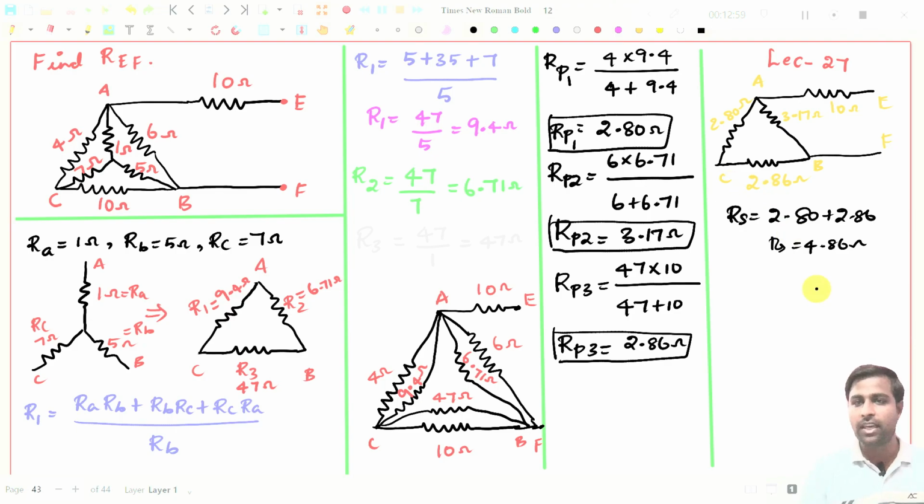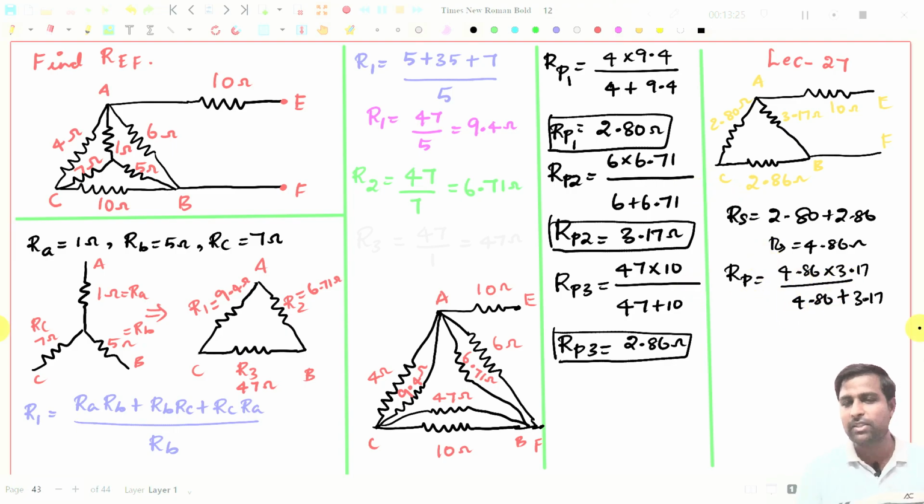So see, this 4.86 ohms will be connected like this, parallel to this 3.17 ohms, right? So RP will be equal to 4.86 into 3.17 divided by 4.86 plus 3.17, right? I am just directly writing the values. You can find it by yourself. Anyhow, I have done this with the same steps, right?